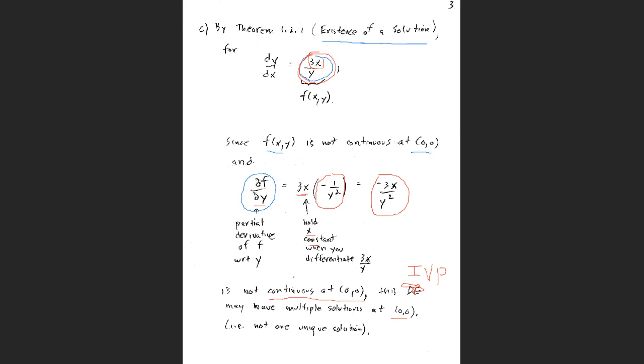We love having a unique solution to our initial value problem, but since the conditions do not satisfy theorem 1.2.1, we can end up having multiple solutions to the differential equation going through the same point.